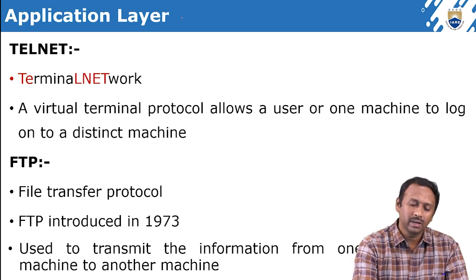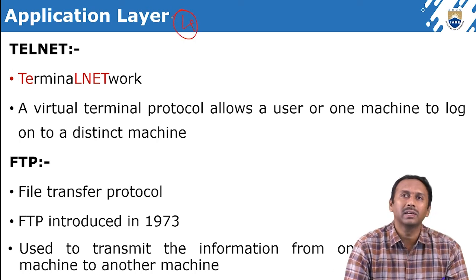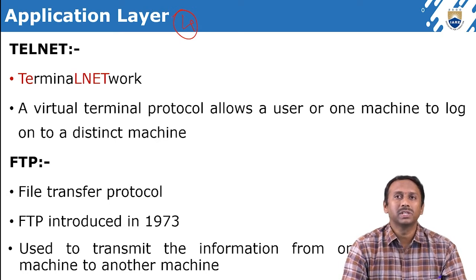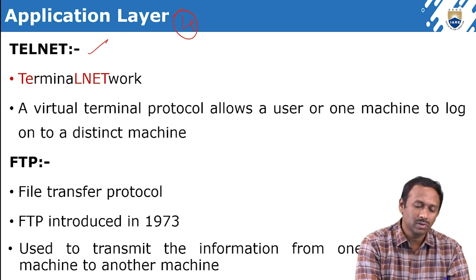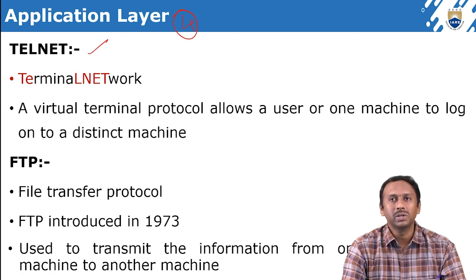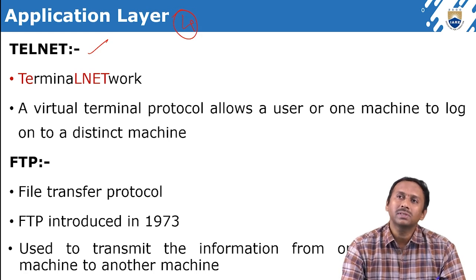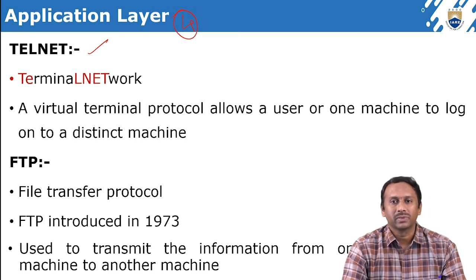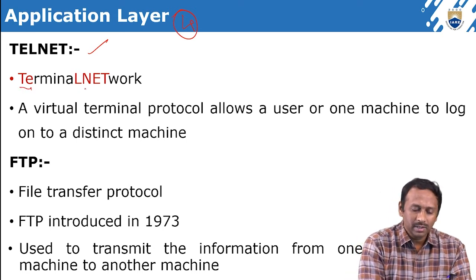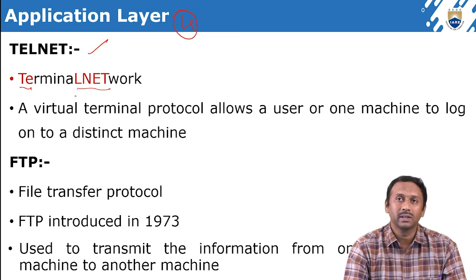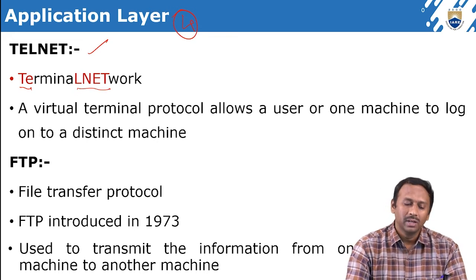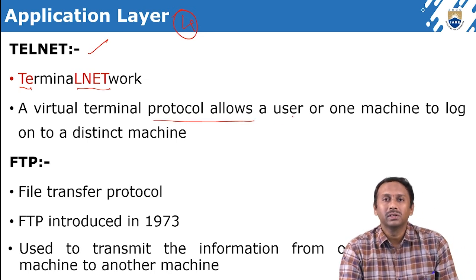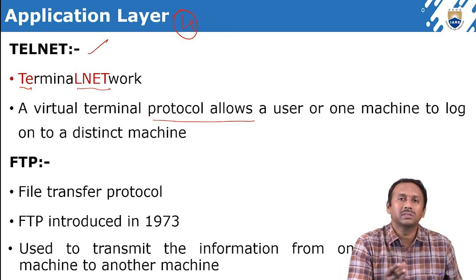And the next and last layer, the fourth layer, is the application layer. Here we have a set of protocols. The first one is Telnet. Telnet stands for terminal network. It is a virtual terminal protocol that allows a user or one machine to log on to a distinct machine.